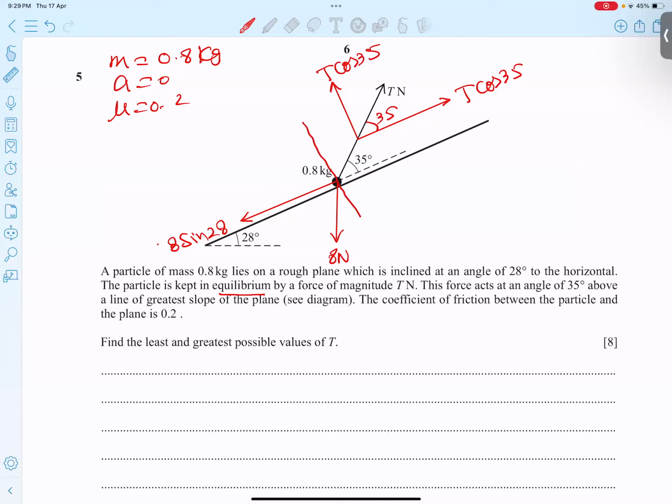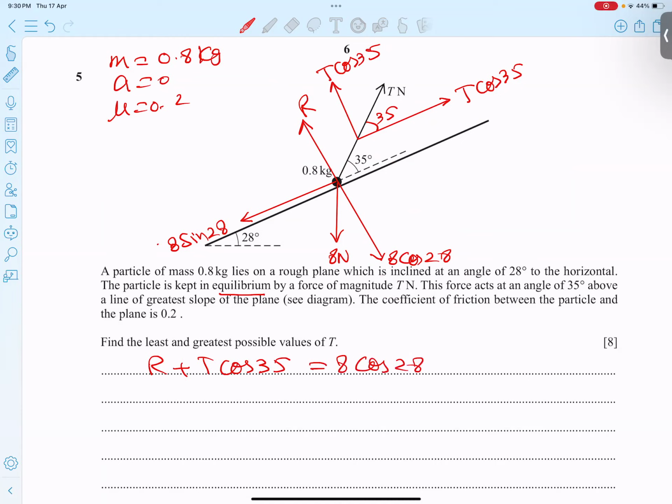And as you are all familiar, the R component is acting upwards, so this is capital R, and this is 8 cos 28. I think up till here it is very clear. Now, according to the situation, the particle goes up or down. These three components remain the same. So I can say these sum equal to that. First of all, I'm going to write R plus T cos 35 is equal to 8 cos 28.